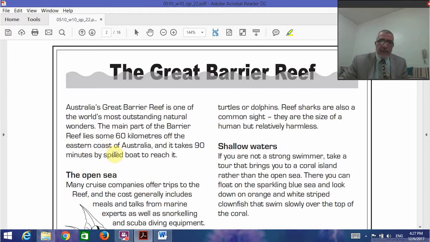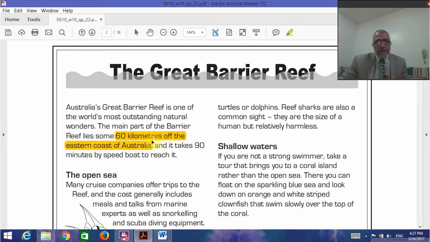Yes, you got it. So it lies here, some 60 kilometers off the eastern coast of Australia, right? So this is the correct answer here. So you can say 60 kilometers off the eastern coast of Australia.